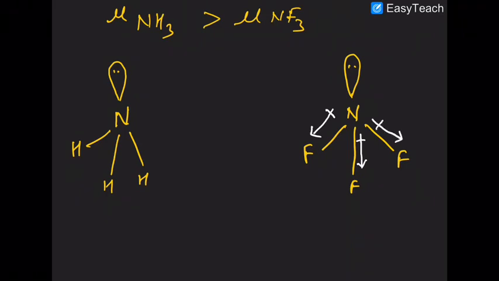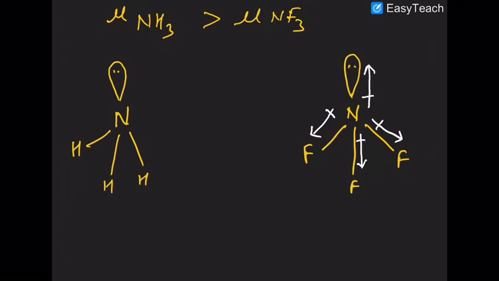Now in this case the lone pair is present in one of the hybrid lobes. So here what are you observing? The lone pair moment and the bond pair moment are in different directions, so they cancel out each other.